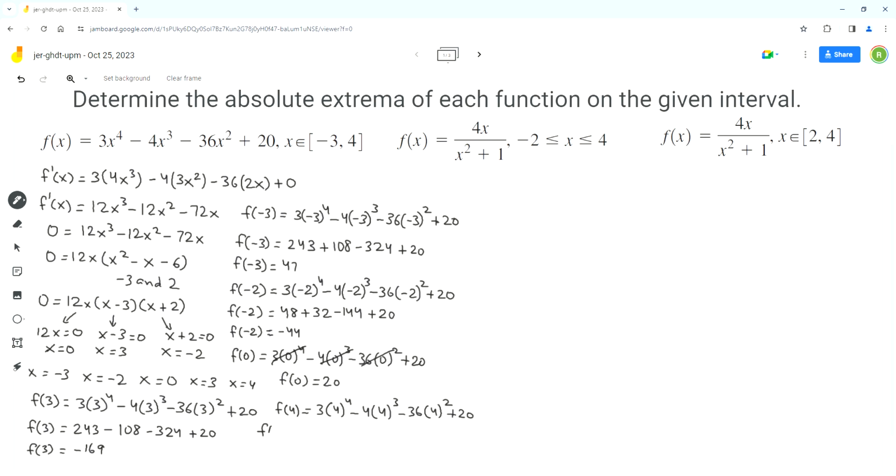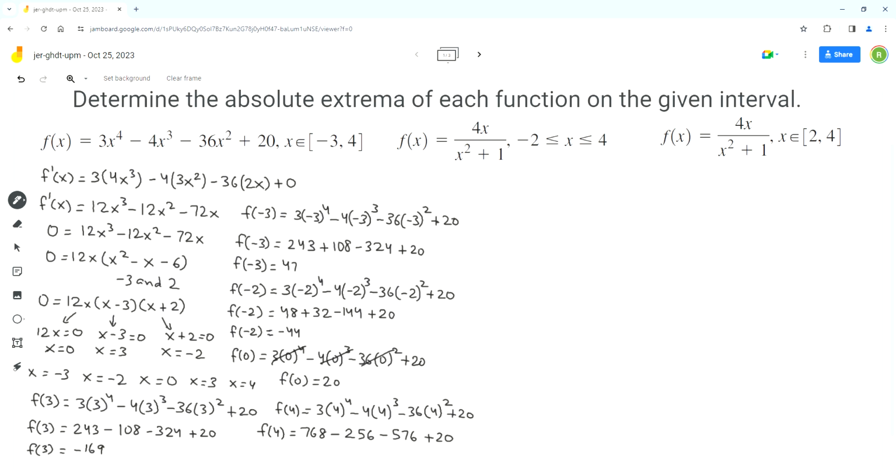So we get f at 4 equals, so 3 times 4 exponent 4 is equal to 768, minus 4 times 4 exponent 3 is equal to 256, and then minus 36 times 4 exponent 2 is equal to 576 plus 20.